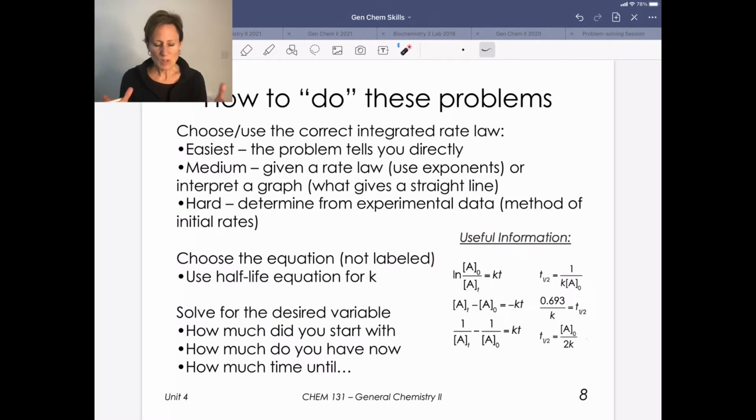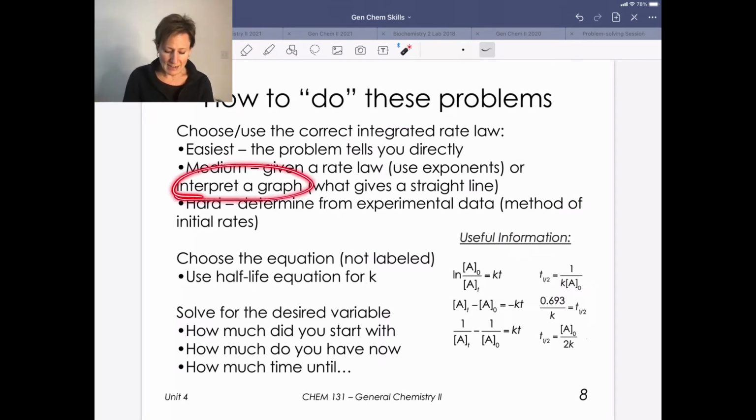All right. So again, how do we do these problems? You first need to pick the correct integrated rate law. The easiest way is that the problem is going to tell you, in this first order process, this second order process, this 0 order process. You still need to match and use the right equations, but maybe the problem directly tells you if it's first, second, or zero order. A little bit harder is, well, maybe you're given the rate law and then you'll need to use the exponents to infer the order of the reaction and then pick the right equation.